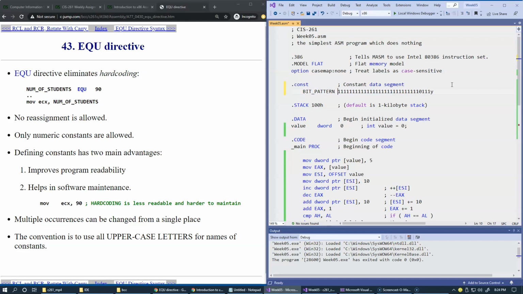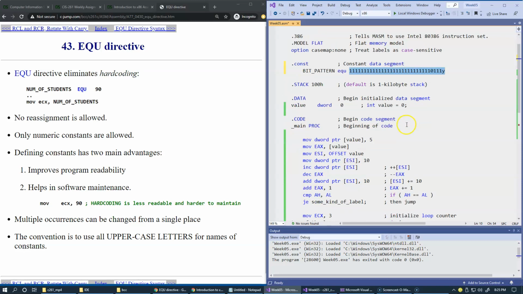And I can say which is equivalent to this. And so now this bit pattern becomes a constant that the assembler will recognize and will know that this is that, okay? And in our code, for instance, I could say move into some register, whatever, we seem to be using EAX a lot today, so we can just move this bit pattern, right?